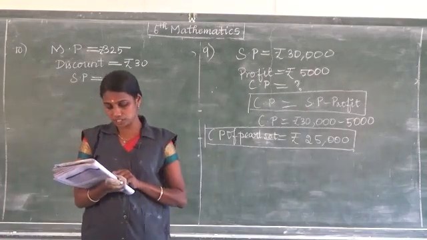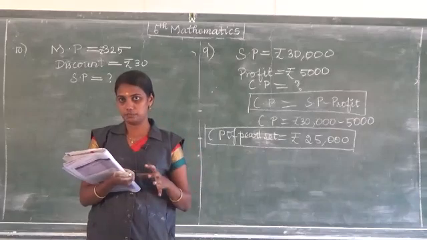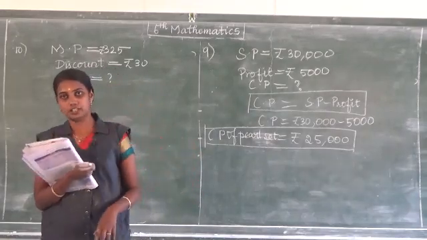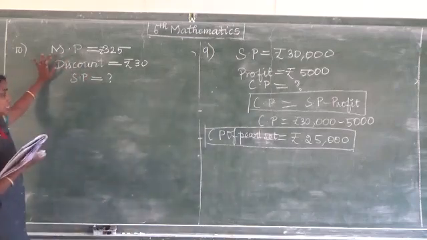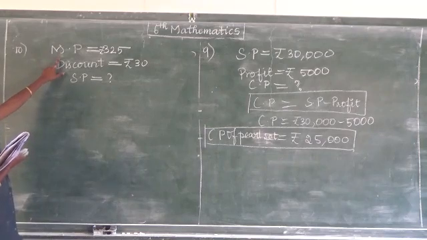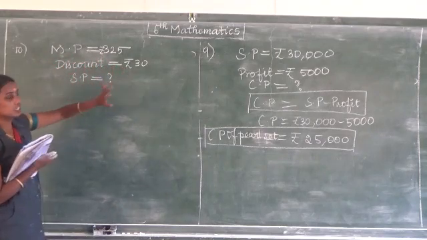But before that, listen to me, the word mark. Guna marks his product means he is marking the product. So marking means it must be a marked price, that means tag or printed price. That's why it changed as marked price 325, discount is 30 rupees.